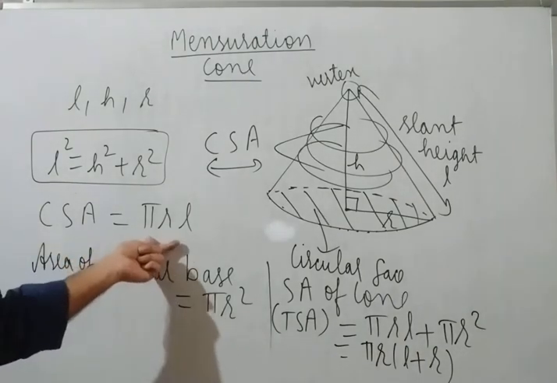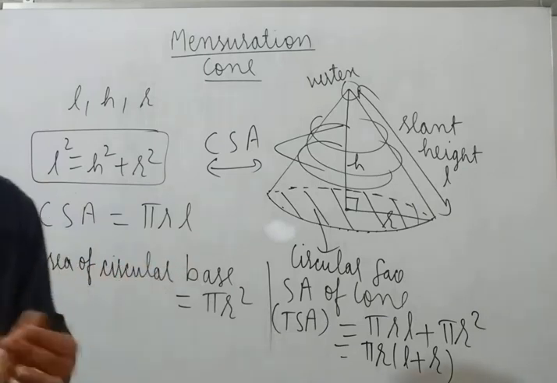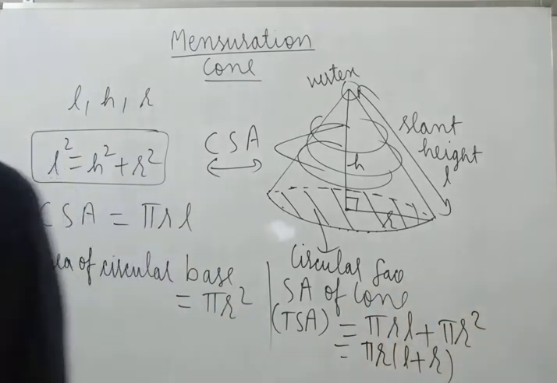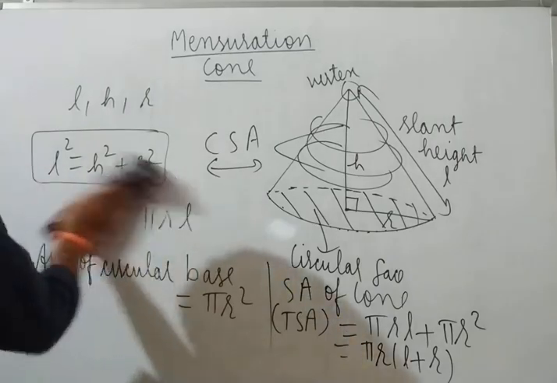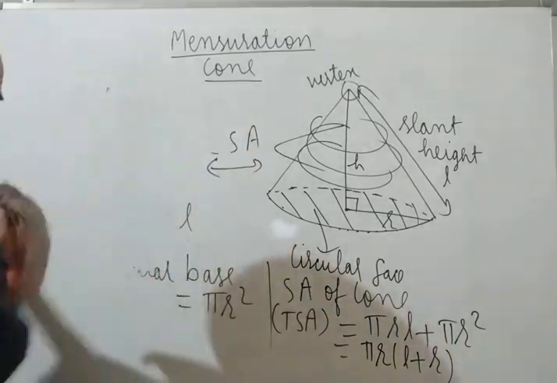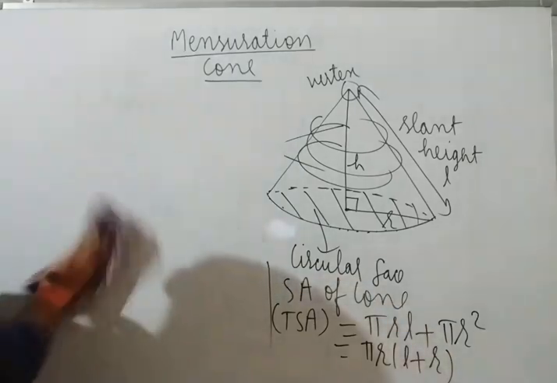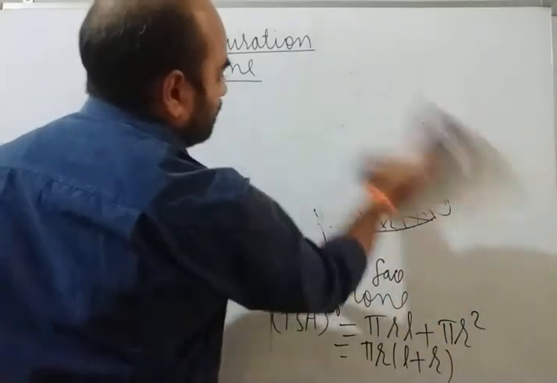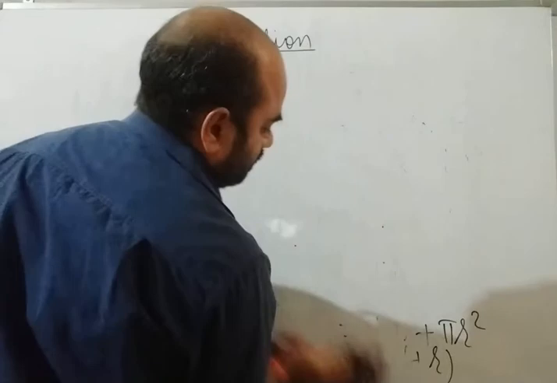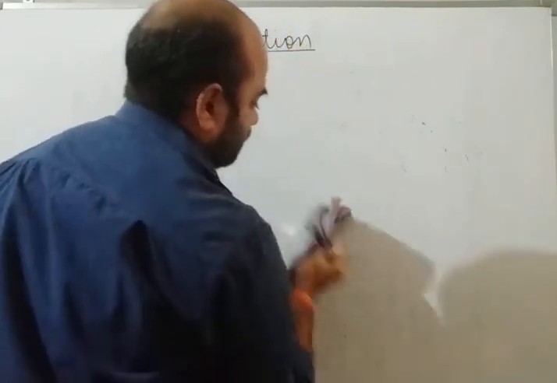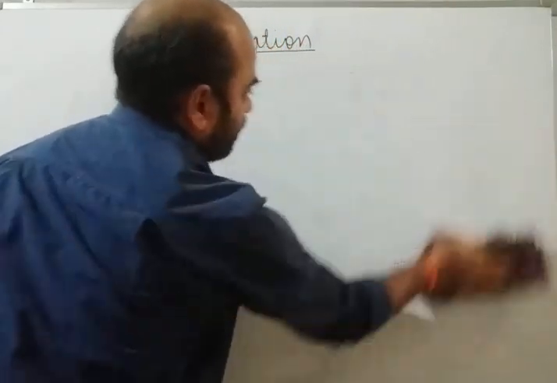So now we are going to find how this pi r L came. See, suppose we have drawn a cone.